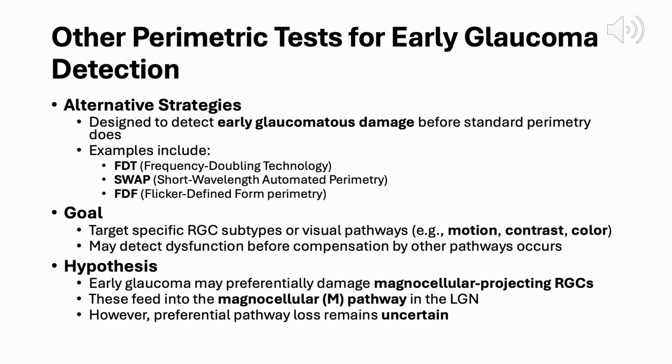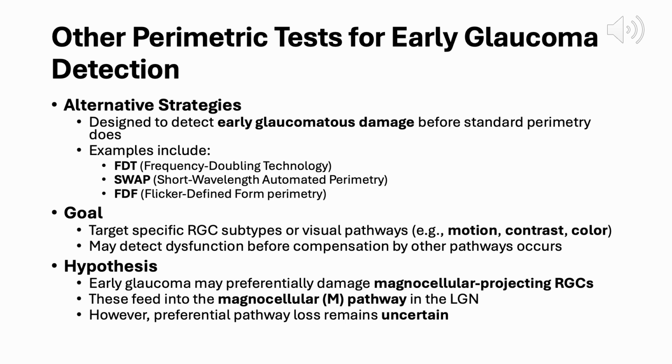In addition to standard automated perimetry, several alternative perimetric tests have been developed to detect glaucomatous damage earlier in the disease course. These include FDT, SWAP, and FDF, all of which are designed to target specific retinal ganglion cell subtypes or visual pathways, such as those responsible for motion, contrast, or color.